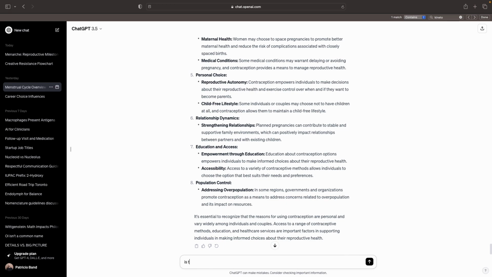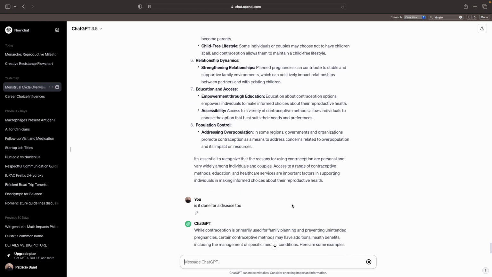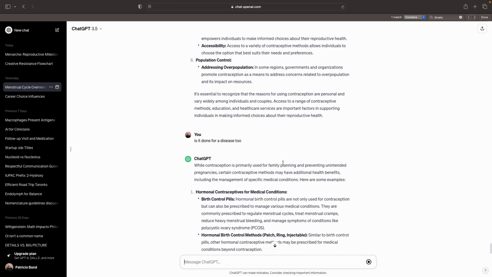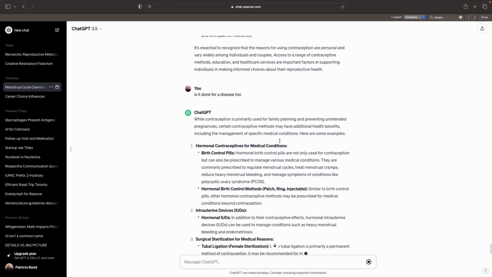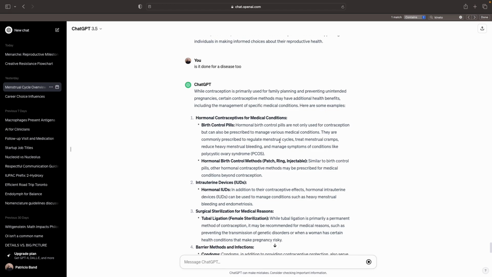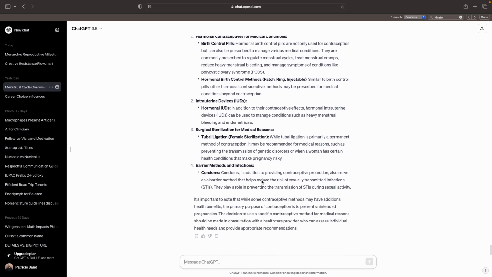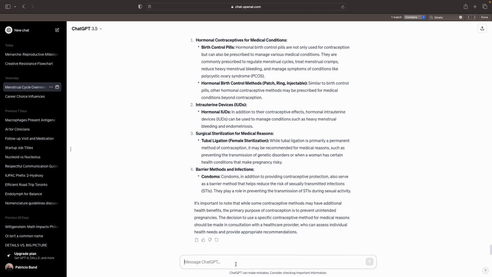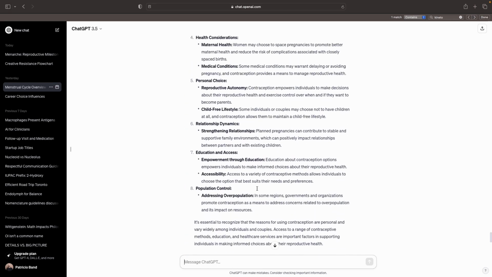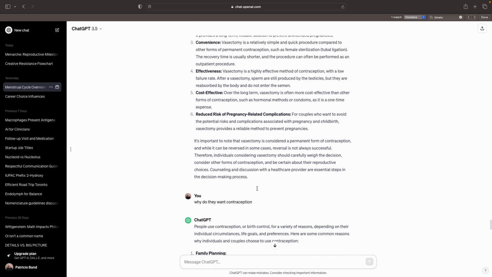Is it for a disease too? IUDs can be used to manage conditions such as heavy menstrual bleeding. Okay, apparently not.